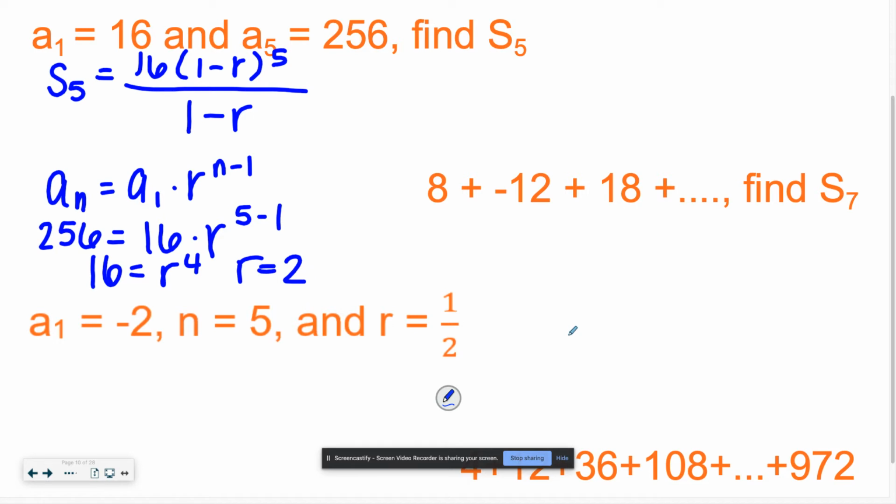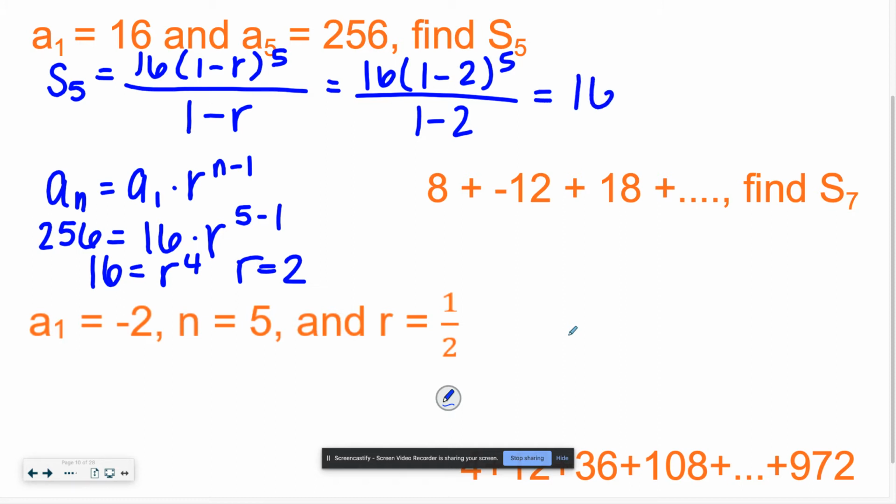So then we're going to plug that into our formula. Can you plug it into your calculator correctly? Make sure that if you are using parentheses, that you put enough parentheses around everything, that you are actually telling your calculator what you are dividing by. And we actually get 16.